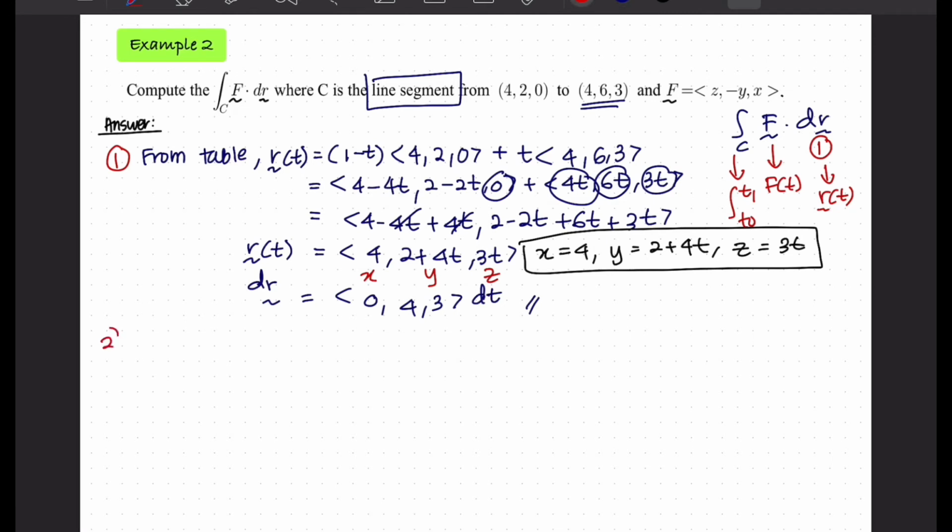Step number 2, find F(t). From the question, the vector F equals (z, negative y, x).